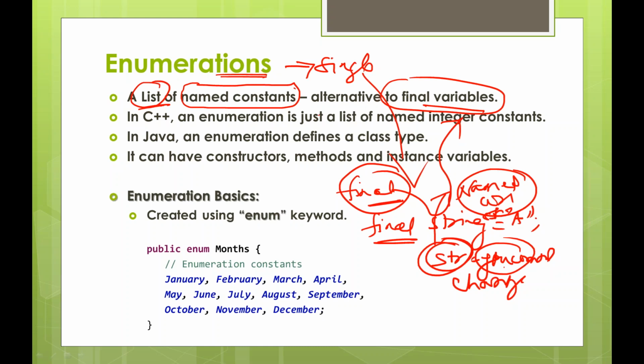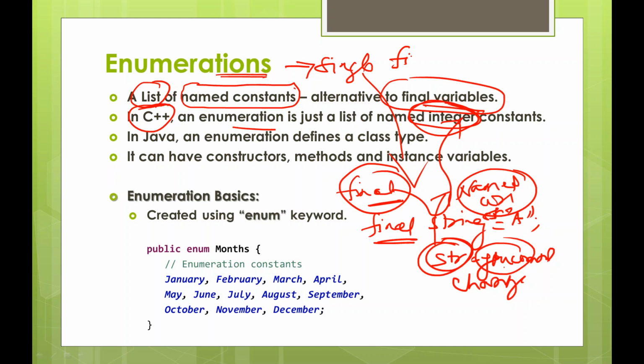What happens in other languages? For example, in C++, whenever you create an enumeration, it is just a list of named integer constants.